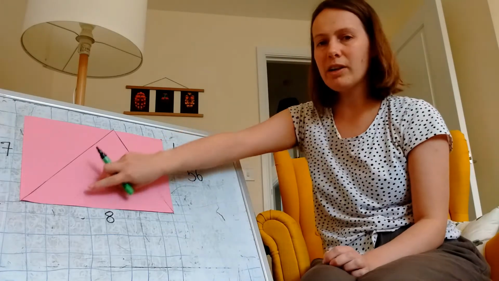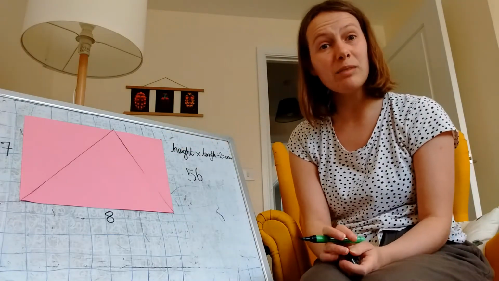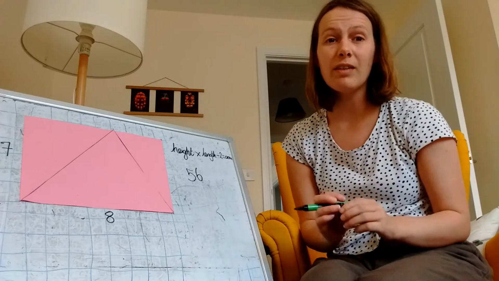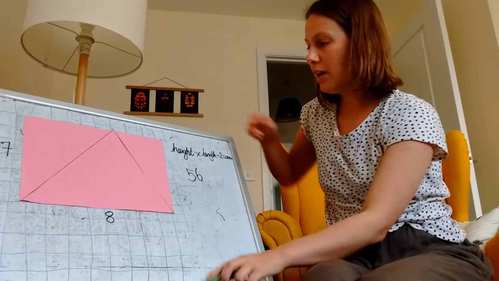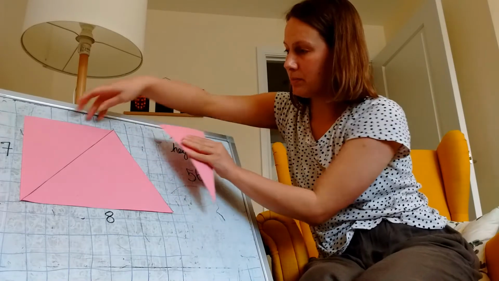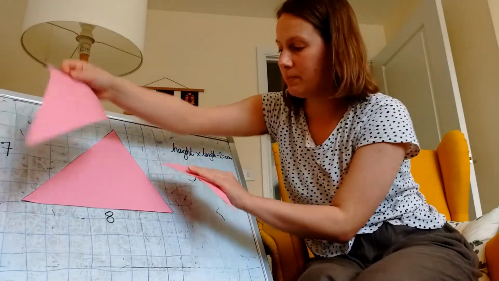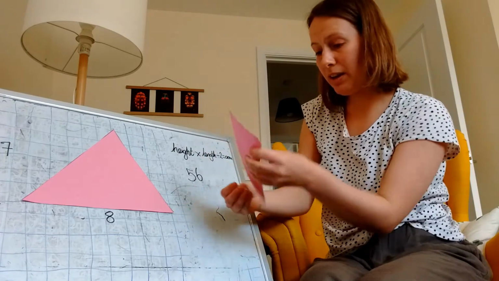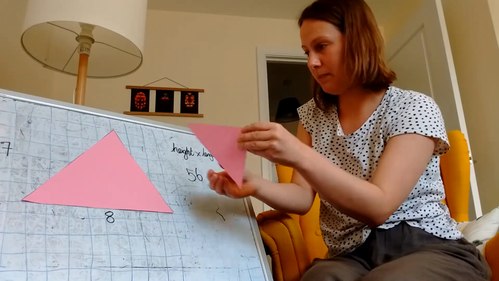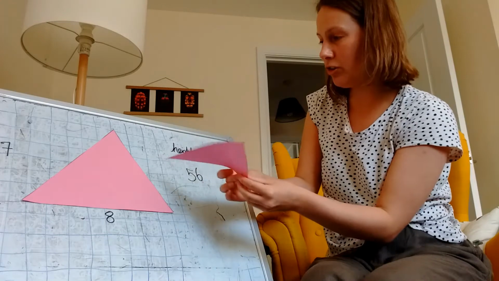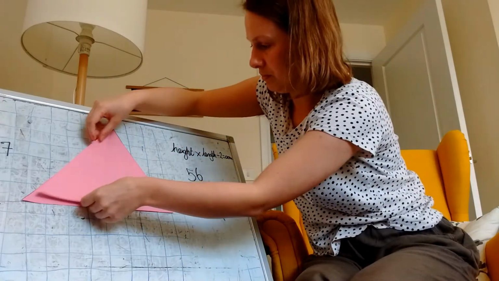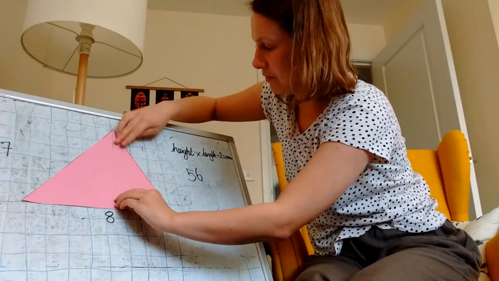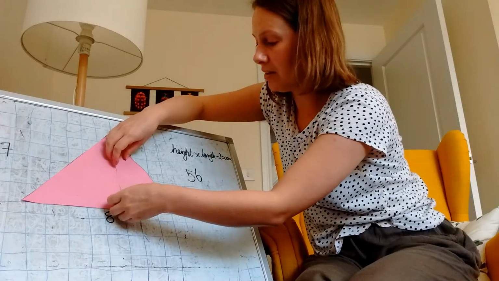Now I'm saying that this triangle is exactly half the area of that rectangle. And now we don't have any right angles involved, that's a little bit harder to see. So let's have a look. If I separate it out like this, with the aid of a little bit of blue tack and a little bit of wishful thinking, I should be able to show you that it fits together to make exactly the same amount.